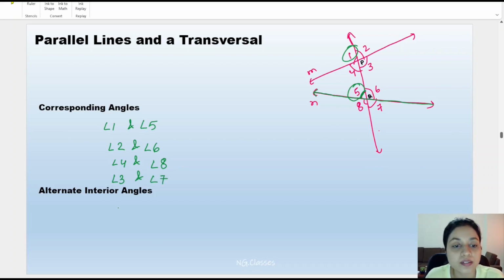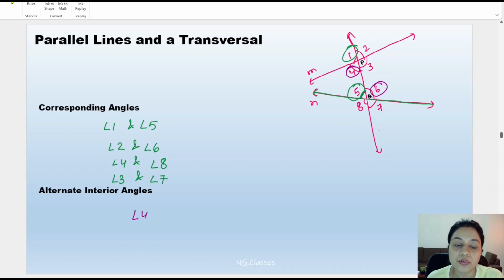Now let's see alternate interior angles. The way we have collected alternate exterior angles, similarly we will collect alternate interior angles. Interior means inside part, alternate means one on the left of the transversal, one on the right of the transversal. So here angle 4 and angle 6 are a pair of alternate interior angles.